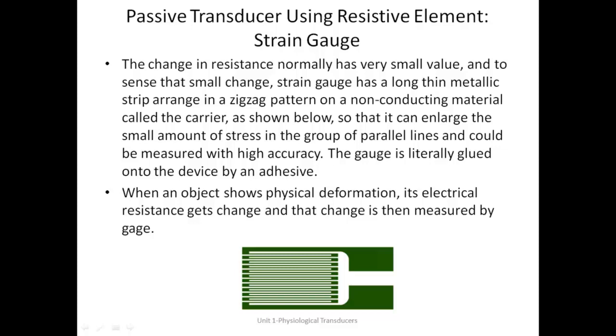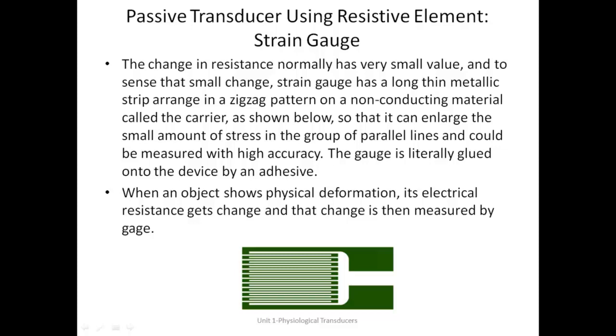So sometimes it so happens, suppose I use a simple single wire, right, to measure this particular change in resistance. The resistance change will be there, but the value that will change will be so small and so feeble that it will be very difficult for us to use that value in the further circuits. So in this you can see the strain gauge that you are seeing over here. It has multiple parallel zigzag lines.